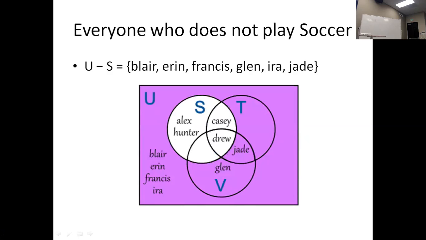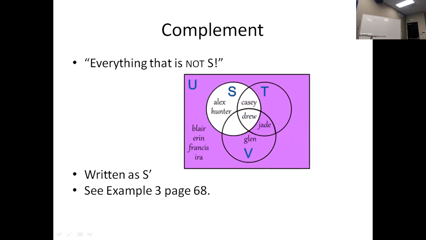Complement: everything that is not S. So here's set S. Everything that is not S is S prime, that purple part. But S and S prime form the universal set. Let's look at example 3, page 68.